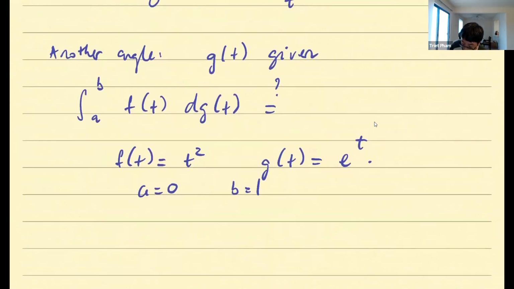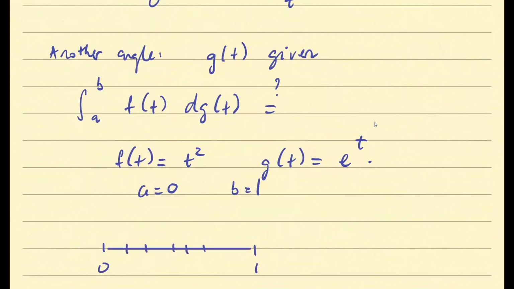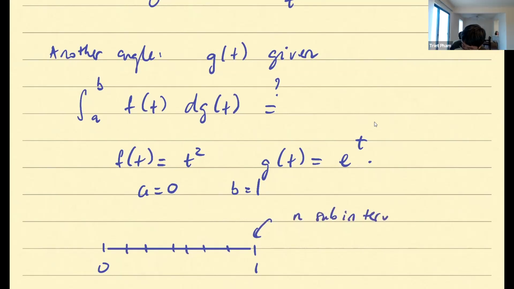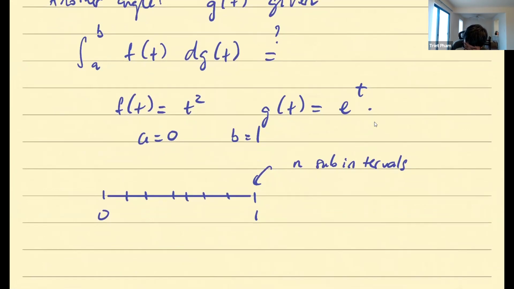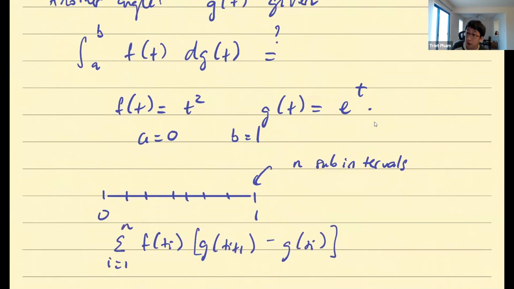So I suppose you're saying something like this: you will take 0 to 1, you will divide it into so many subintervals, let's say n subintervals. And what you do is you will do the sum of f of ti times g of ti plus 1 minus g of ti. And then you would push the n to infinity and see if it converges to any number. Is that right?